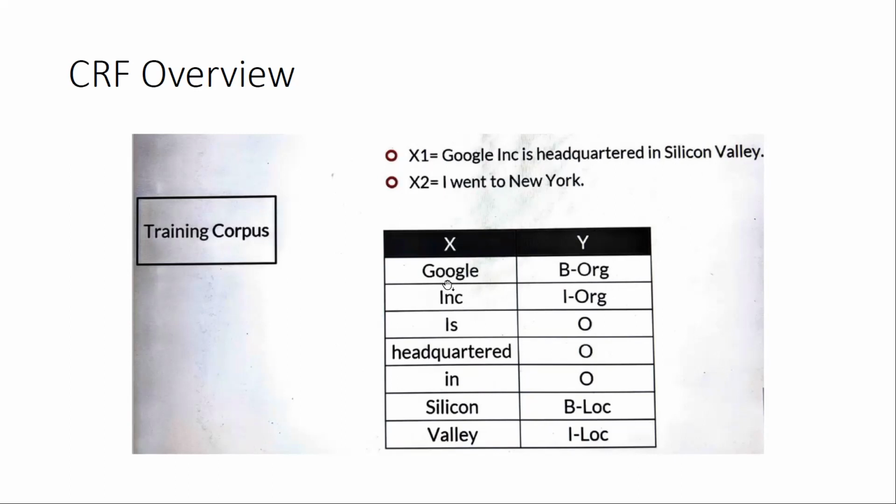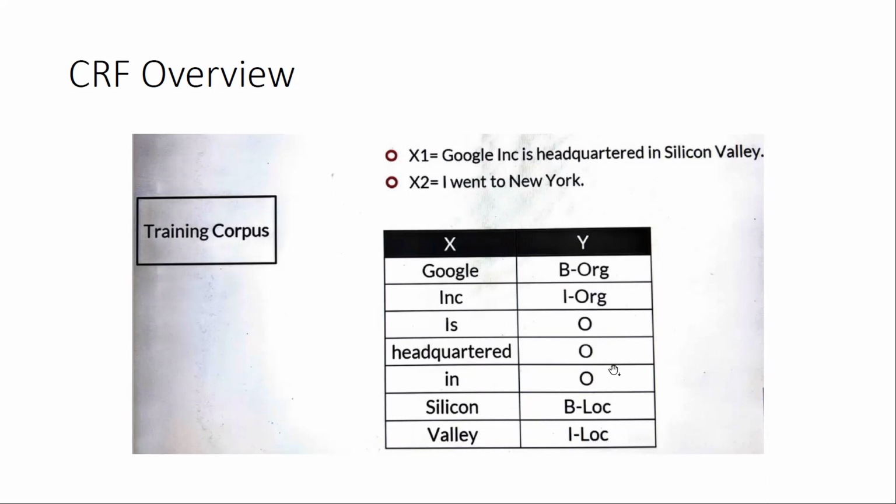We have taken a word by word analysis of IOB. IOB was a technique that we saw in NER, and so Google is the beginning of the organization, and Inc. is the inside of the organization. So it is a continuation that this is the company name, and similarly Silicon Valley, B-location, I-location, so beginning and inside of the location, right?